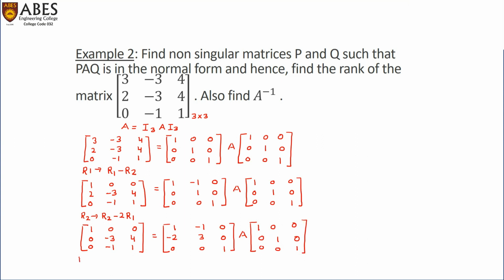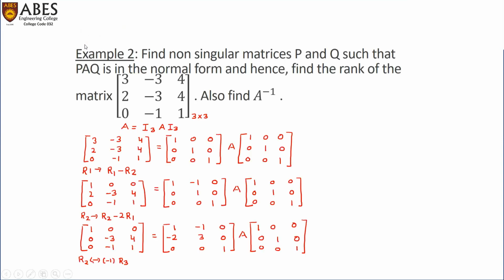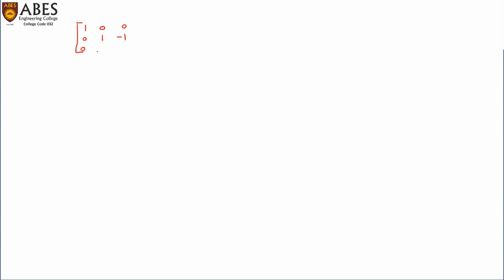Next, R2 is replaced by minus R3. It is 1, 0, 0, 0, 1, minus 1, 0, minus 3, 4. Applying the row operation, the post matrix is as it is.